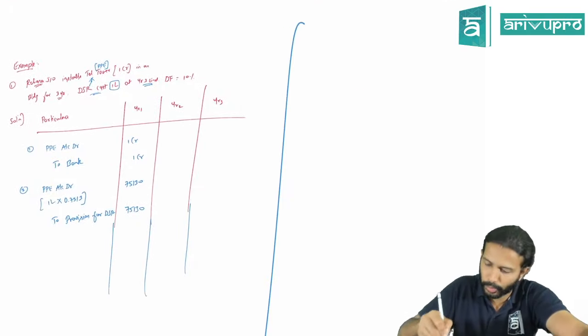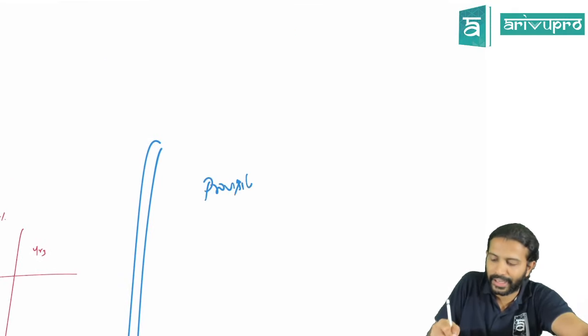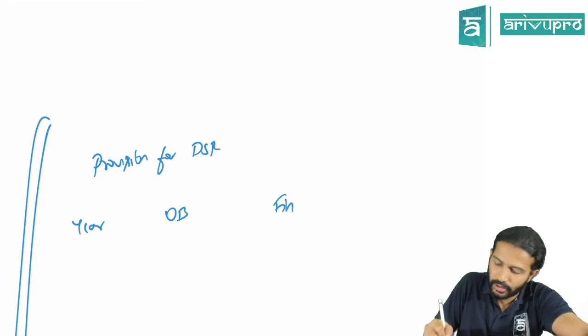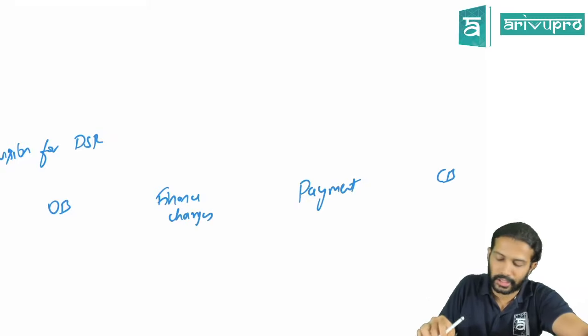If you remember, we used to put up this working note. We used to put up provision for DSR. That also, if you want, quickly I will show it off. Provision for DSR: year, opening balance, then finance charges, payment, then closing balance.